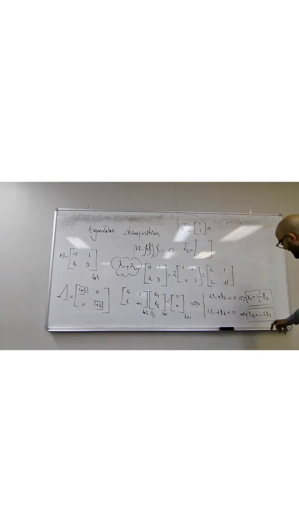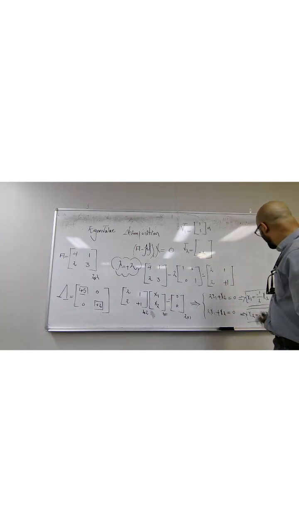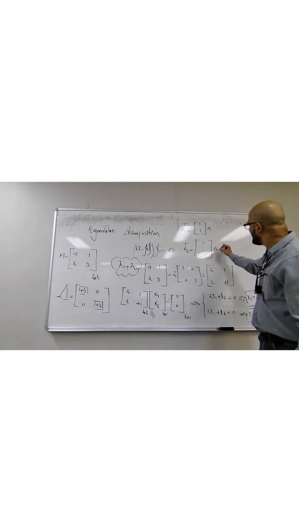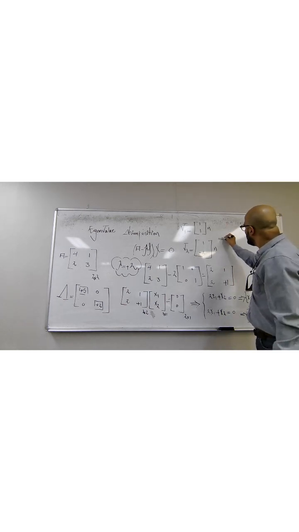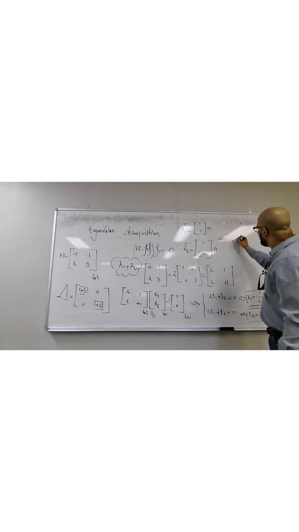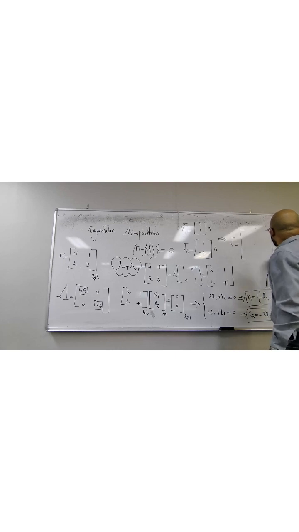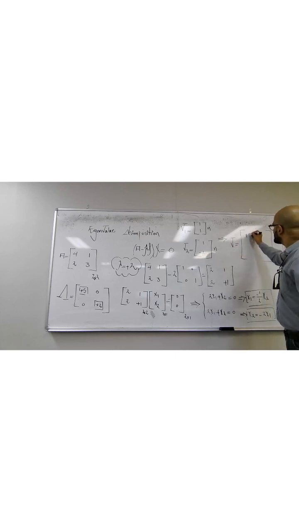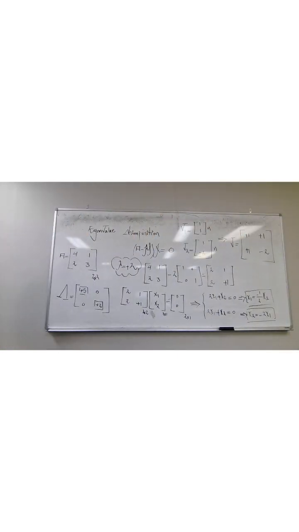For x2, I'm going to choose minus 2, and for x1, I'm going to use 1. Then I have n also. If I take n to be equal to 1, then the eigenvector that I'm going to create is this one: plus 1, plus 1, plus 1, and minus 2. This is the matrix of the eigenvectors for this equation which I had.